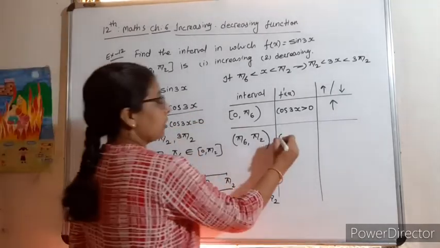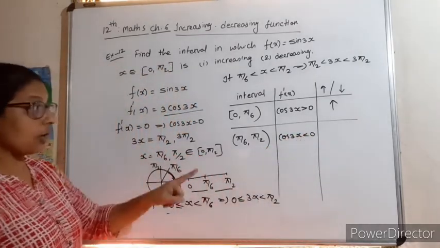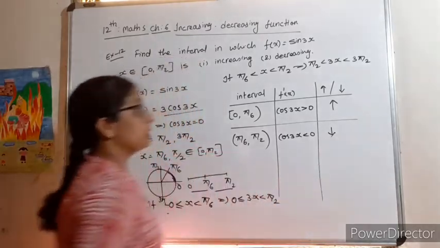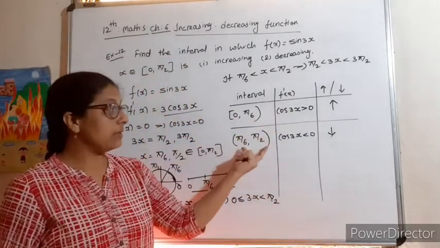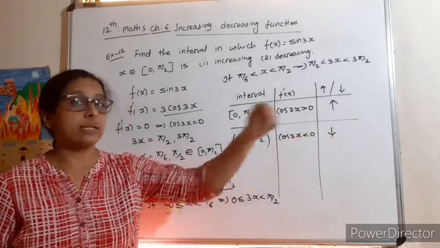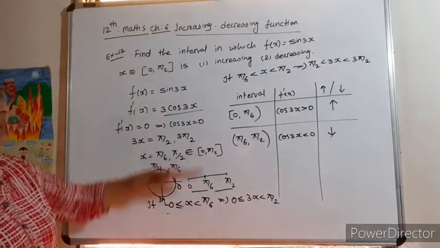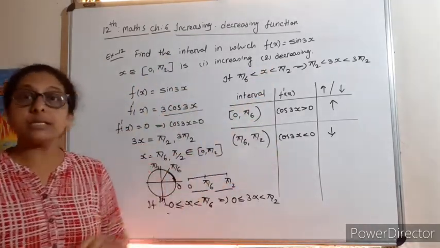So that is cos 3x less than 0. That means what? It is decreasing. So in the first interval cos 3x is positive, while in the second and third quadrant cos 3x is negative. So it is decreasing. So that we can find in this way in which interval it is increasing and in which interval it is decreasing.